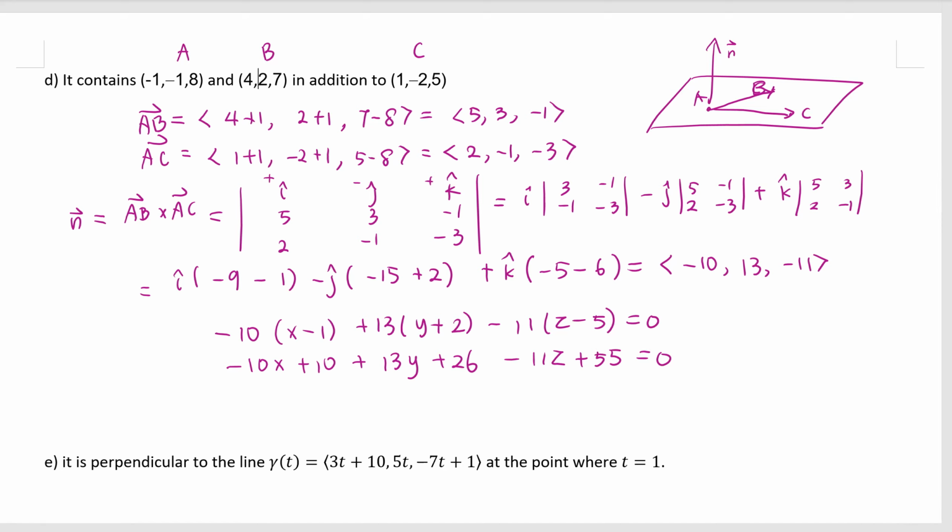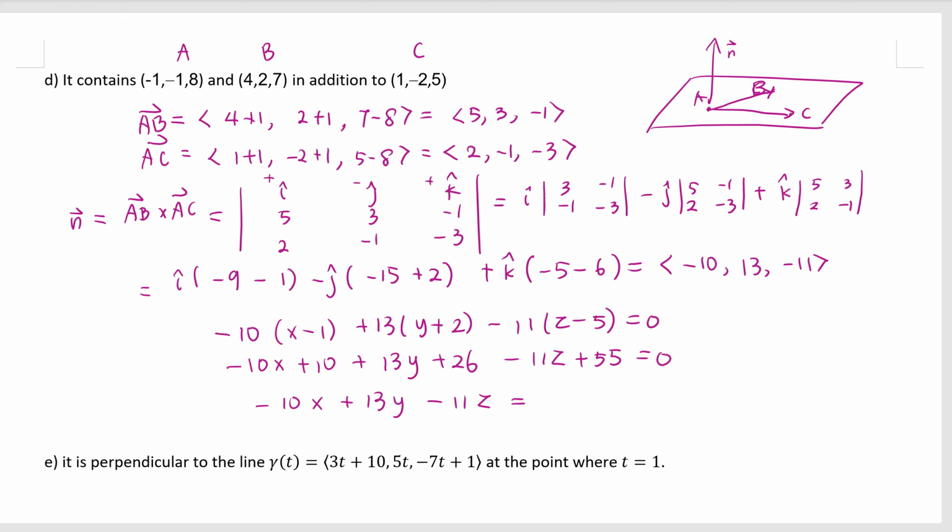When you work on these problems, I hope you do not use your calculator, okay? Try to build up a sense with numbers. You can use your calculator to check your answer after you're done, but in the process of writing the solution, try not to use your calculator, okay? So negative 10x plus 13y minus 11z equals, so 10 plus 26 is 36, plus 55.